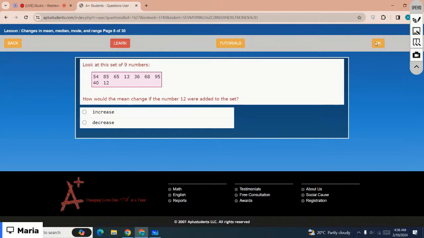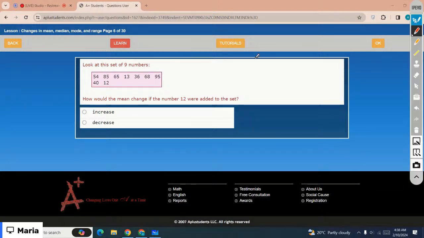So the mean for these values is 52. Now you add another number, 12. So 468 plus 12 is 480, and 480 divided by 10 is 48. So from 52 to 48, that is decreased. That means the mean is decreased. Got it?